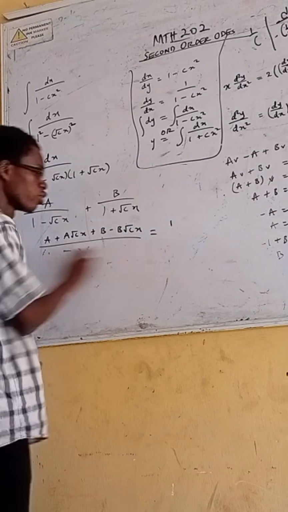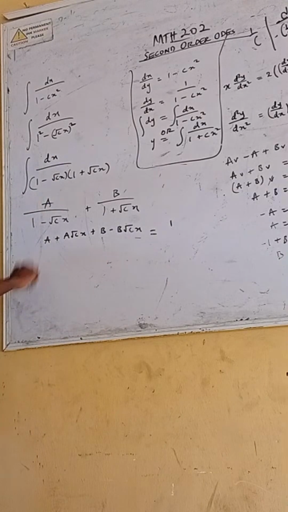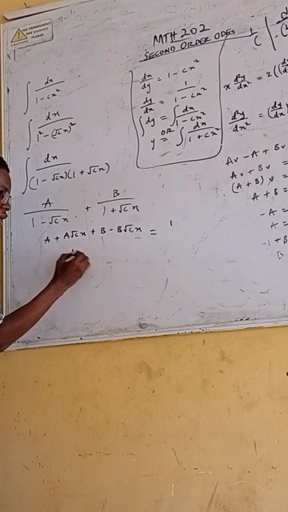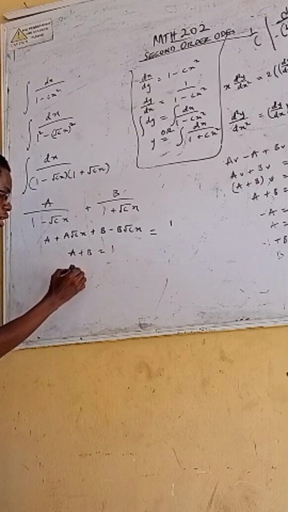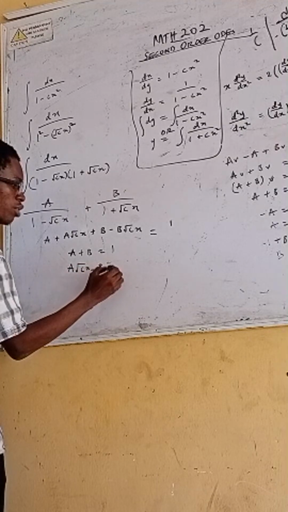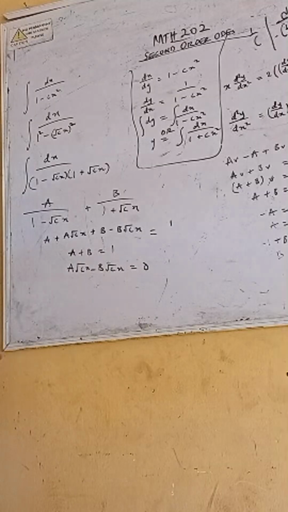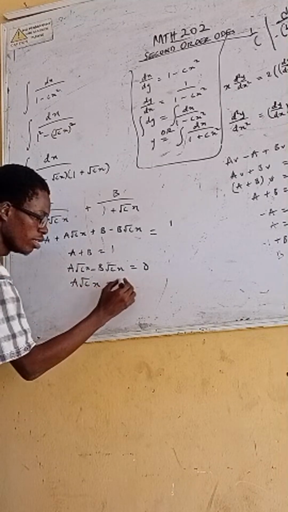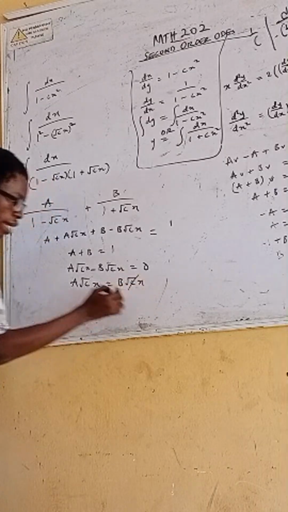Comparing, this is the constant, it is equal to 1. So A plus B equals 1. A root c x minus B root c x equals what? It means A root c x equals B root c x, so I can cancel out.